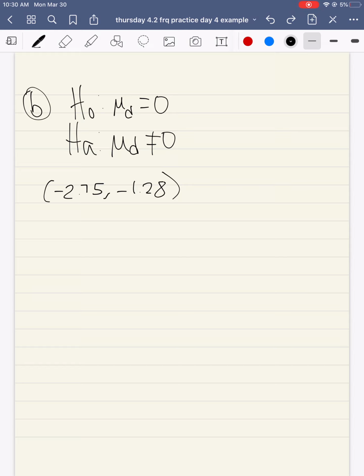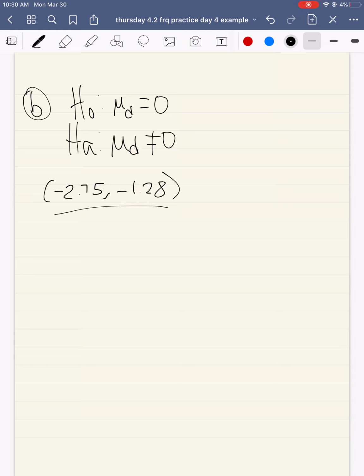So looking at this problem here, are either of these hypotheses located in this interval? Because the interval is trying to approximate the population value. And so looking at this, is 0 included in this interval? Is our population value of mu being equal to 0 included in the interval? Well, it's not. So that gives us enough evidence to say that the mean difference is not equal to 0, since 0 is not located in this confidence interval.